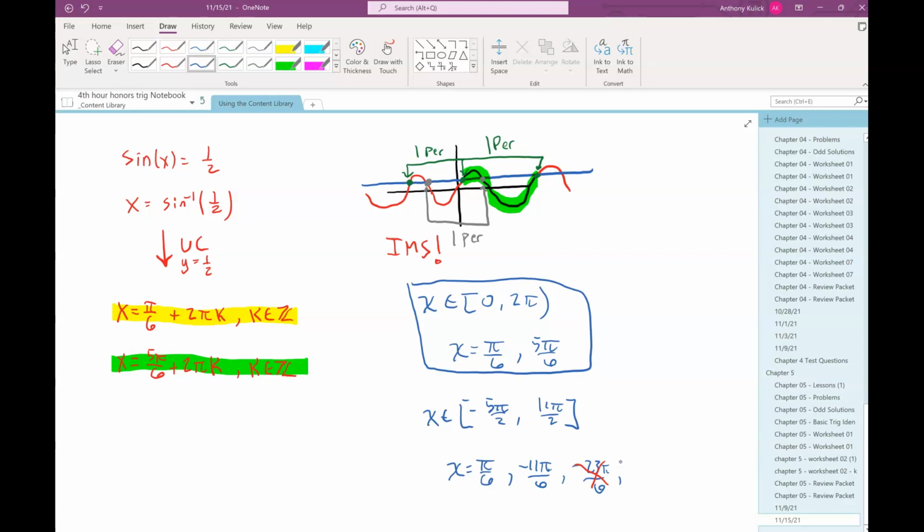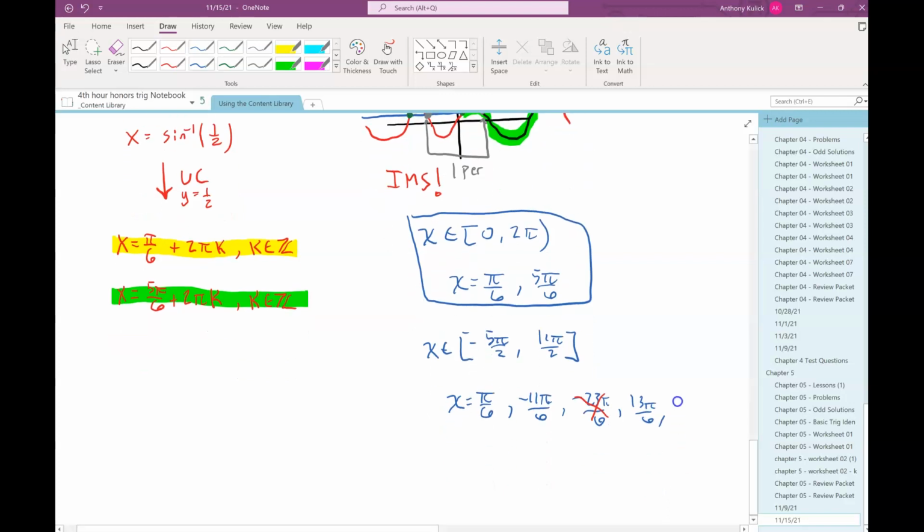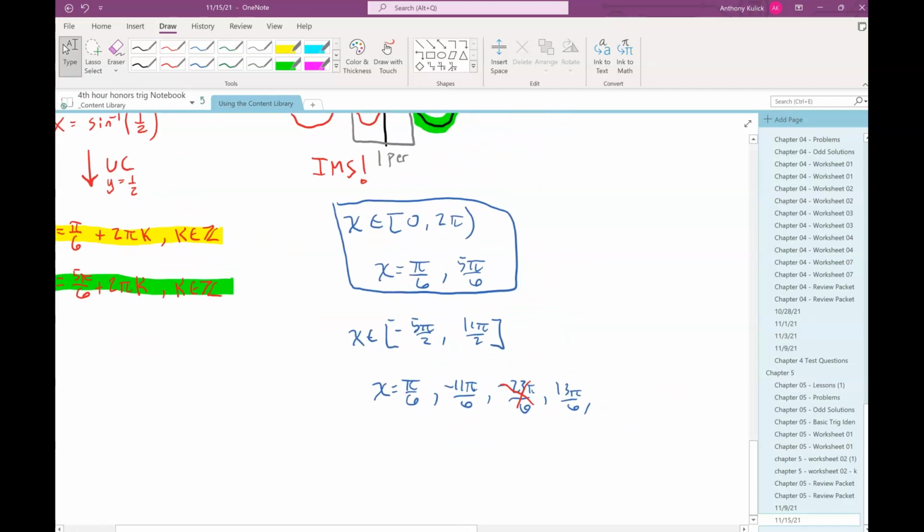Now we'll start adding 2 pi's. So if I add 2 pi to pi over 6, I end up with 13 pi over 6. That's a little bit more than 2 pi, certainly less than 5.5. That's okay. If I do another, that's 25 pi over 6.